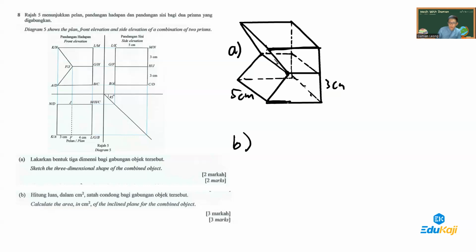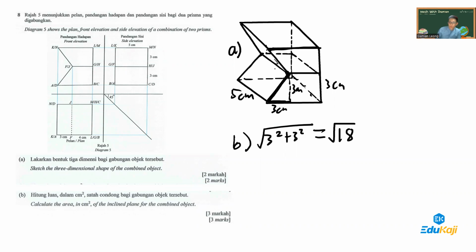Here is 3 cm. So if I split like this, 3 here, 3 here, for this length I have to use Pythagoras' theorem. 3 squared plus 3 squared, square root of 18. 9 plus 9 is 18.